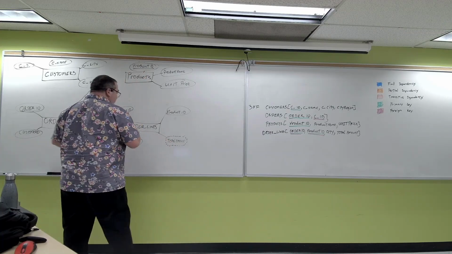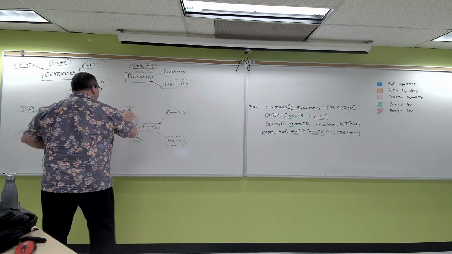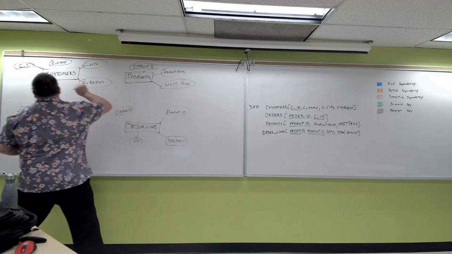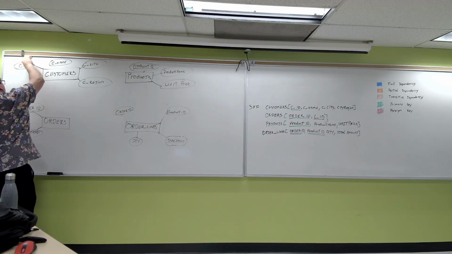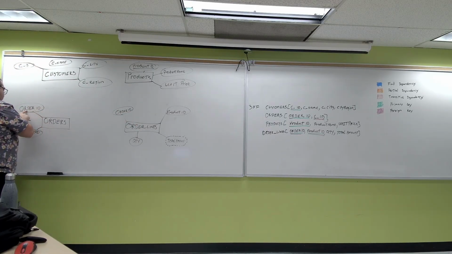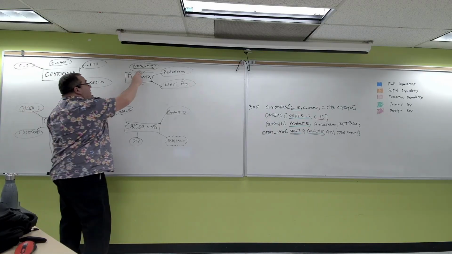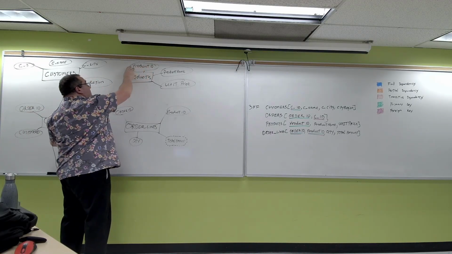And at the same time, we know that the product ID, let me just do my underlines in green so I can stay consistent with the legend over there. Okay.